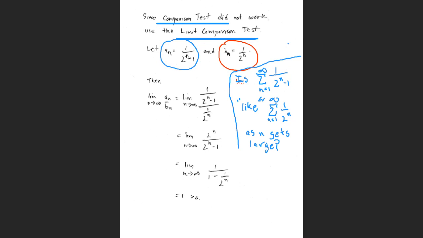I take the limit of the ratio of the terms of the series that I have here. So that's 1 over 2 to the n minus 1, all divided by 1 over 2 to the nth power.